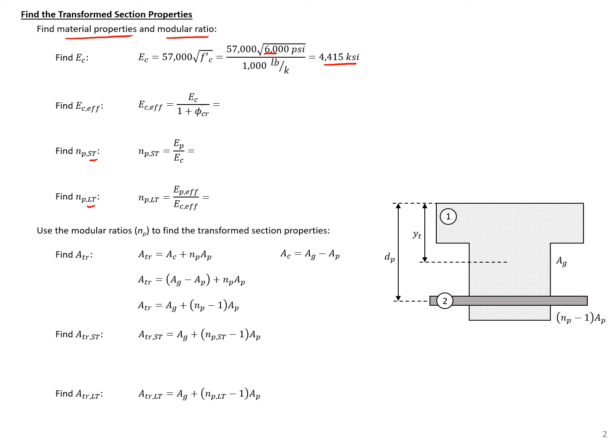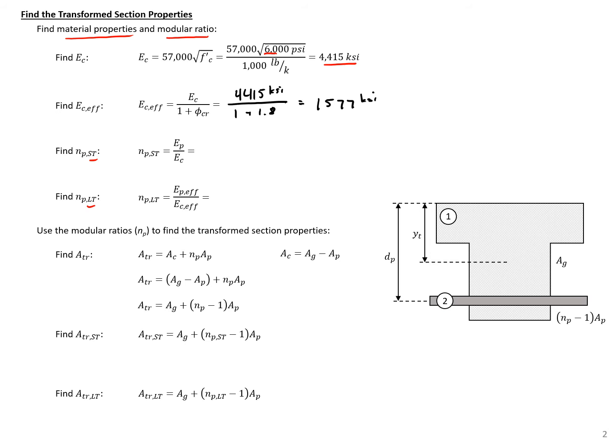We can find our effective modulus. So this is taking into account the effects of creep by taking our modulus, 4,415 ksi, divided by 1 plus our creep coefficient, 1.8, which was given. And we'll get our effective modulus to be 1,577 ksi.